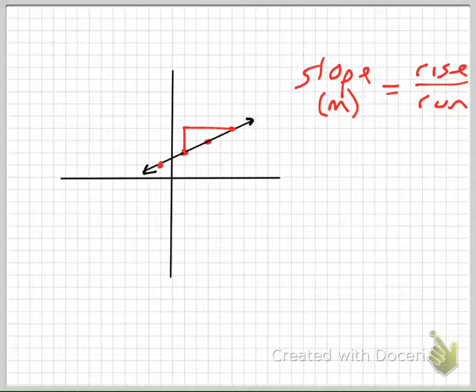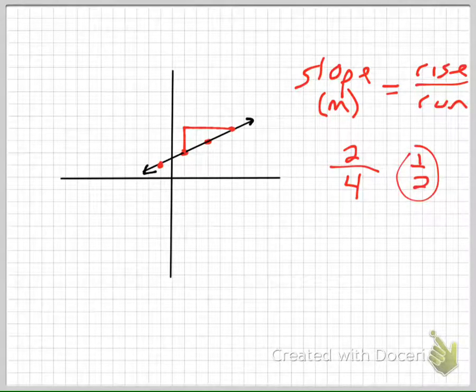I went up 2, and then over 4, right? So, in other words, rise over run. How much did I rise? 2. I rose 2, and I ran to the right, which is positive 4, right? Does that make sense? It's still positive. I ran 4. 2 over 4 is my slope. Can that be reduced? Yes. 1/2. That is a 1/2 slope.